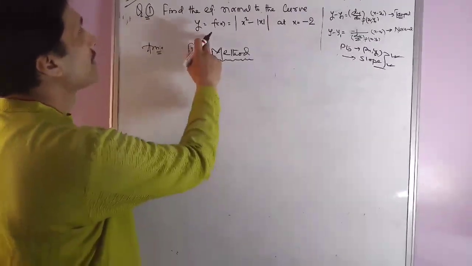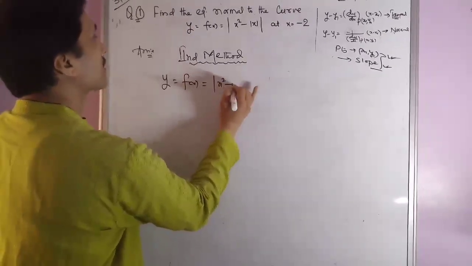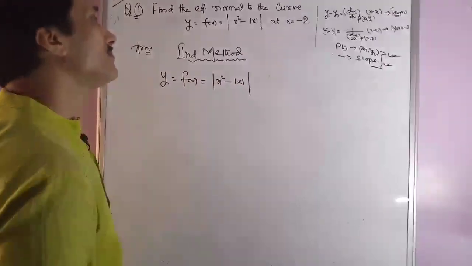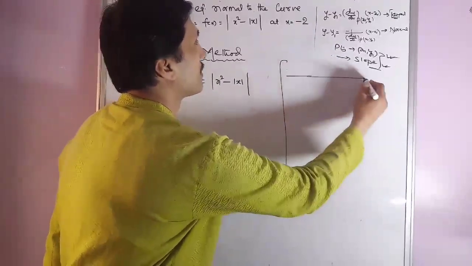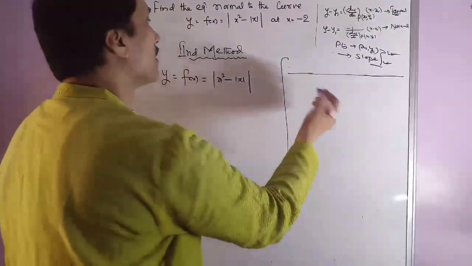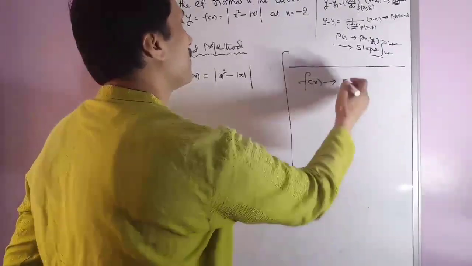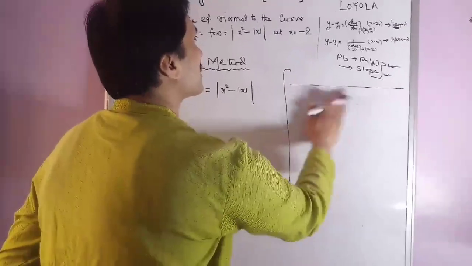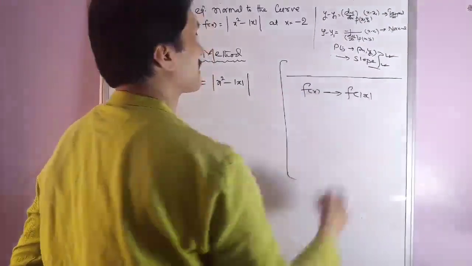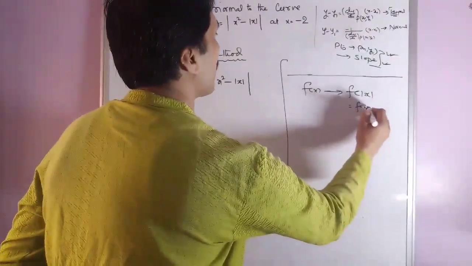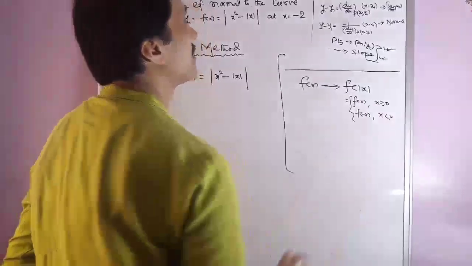Here y equal to f(x) equal to modulus of x square minus mod x. In previous class, we have discussed transformation of graph f(x) to f of mod x, which is equal to f(x) when x is greater than or equal to 0 and f of minus x when x is less than 0.